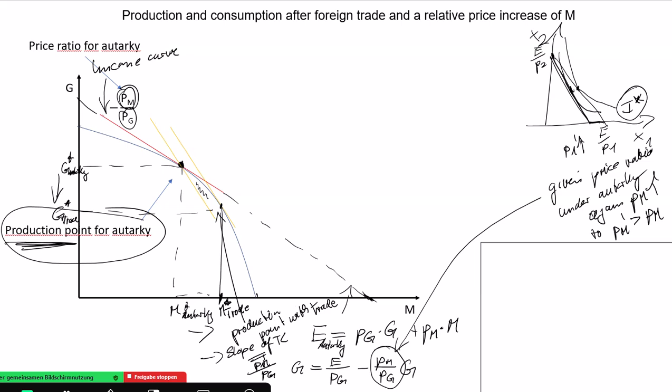So this is also the consumption point under autarky. Although the red line represents income, I cannot buy anything else.